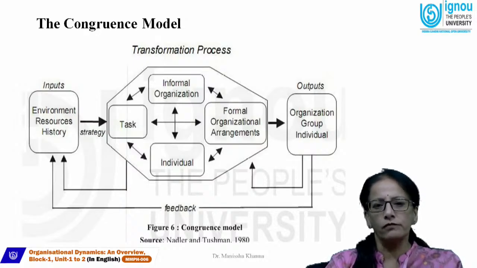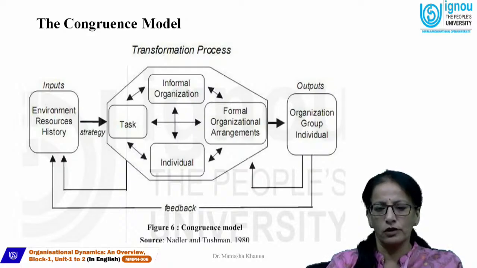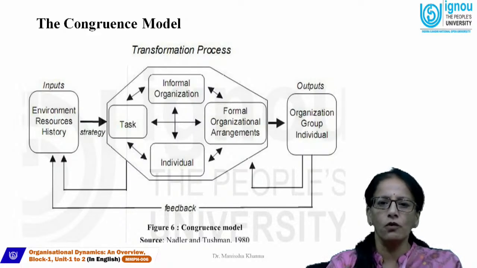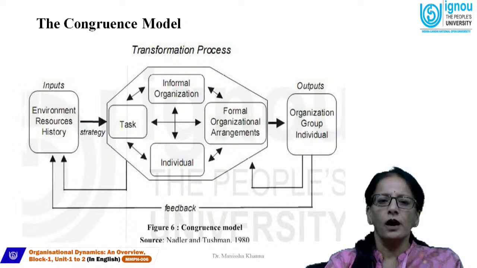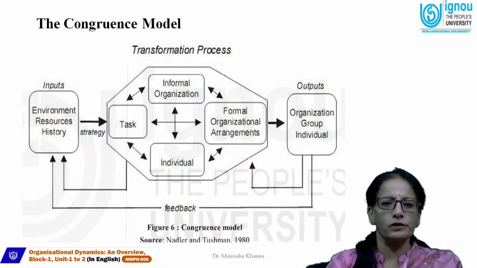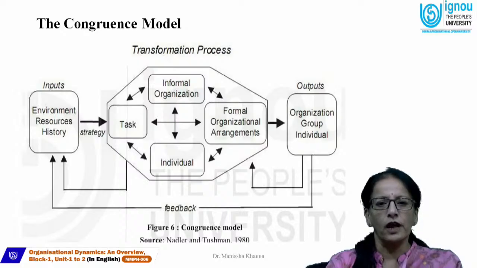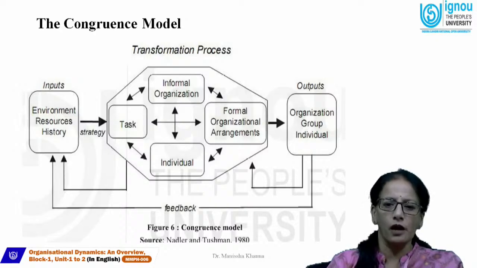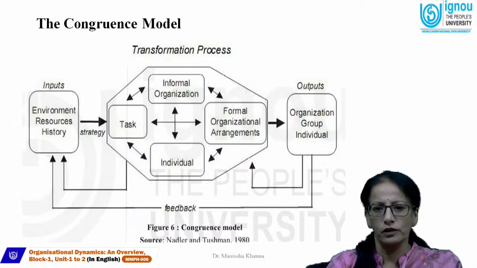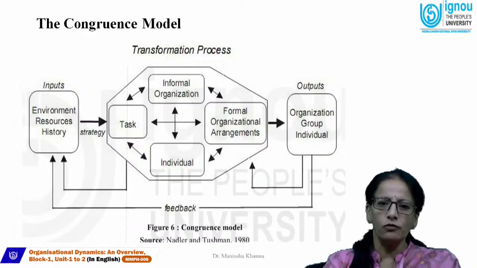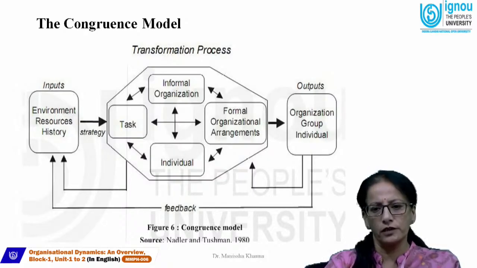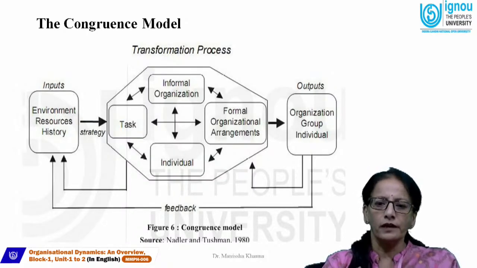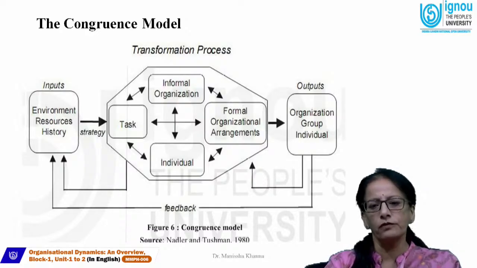So the task, the informal arrangements or the formal organization arrangements and the individuals, these all are interrelated, because transformation happens within an organization, among people, among the task, among the process and among the system, and it leads to the organization goal or maybe the individual goals, which is the output of the transformation process. Now whatever the outputs are after the transformation, feedback is given and it again serves as an input for the further strategy.